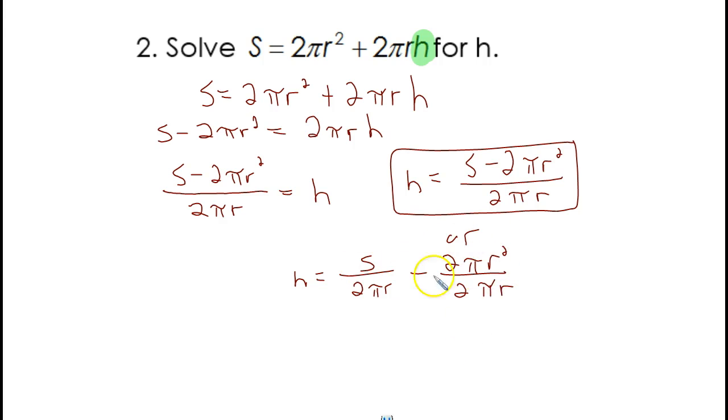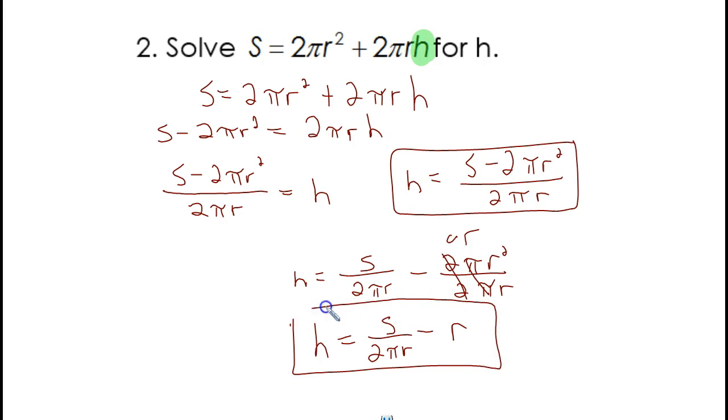And if we were to break this apart, the s over 2 pi r cannot reduce anything. But we can see with this fraction on the right, the 2 cancels out, the pi cancels out, and r squared divided by r doesn't completely cancel out, but one of the r's does, leaving behind an r. So this would be an alternate possible solution.